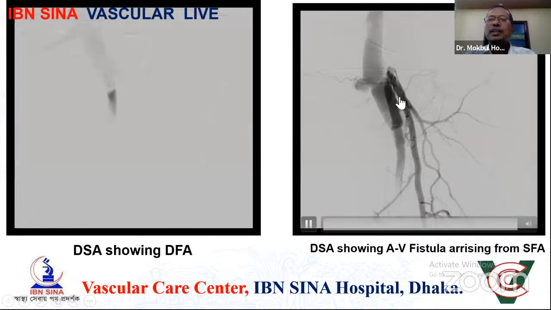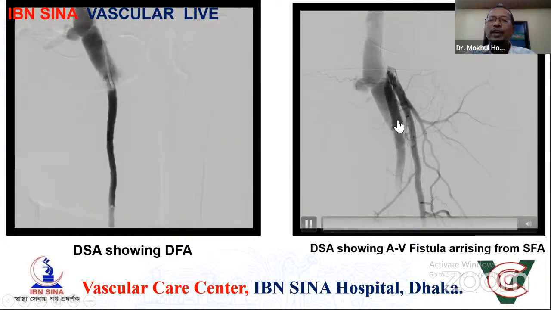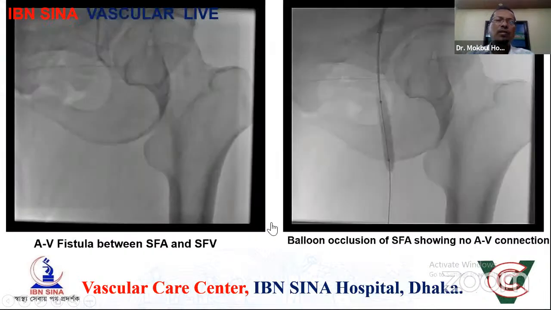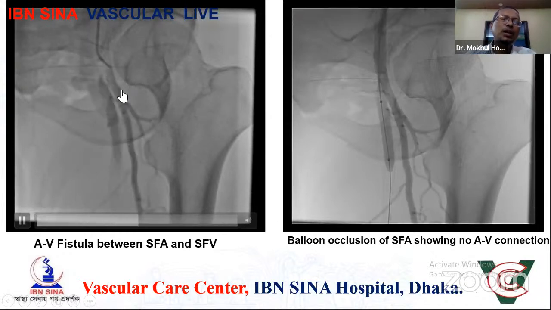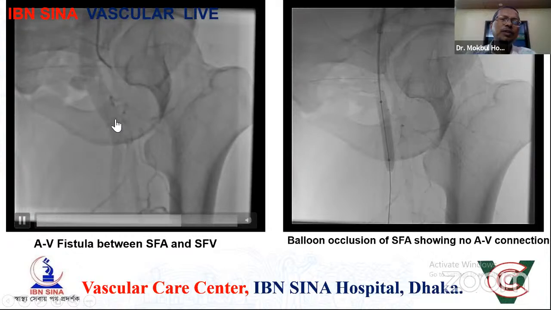This is the deep femoral artery, this is the proximal SFA, and it is communicating with the superficial femoral vein. This is the communicating point.